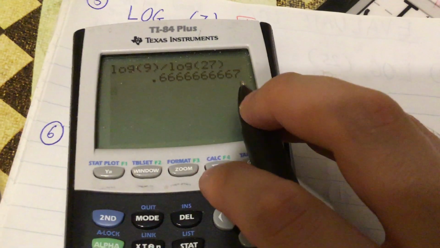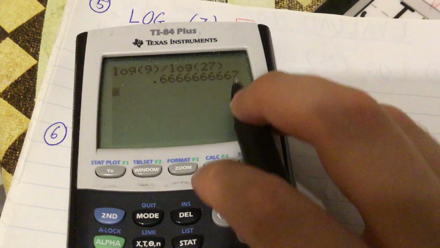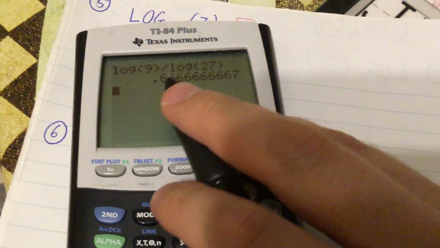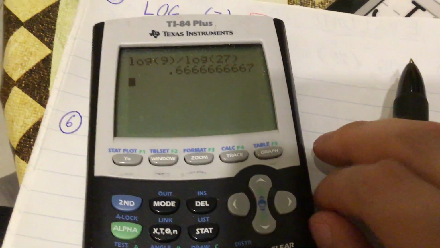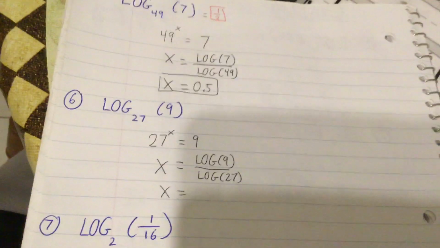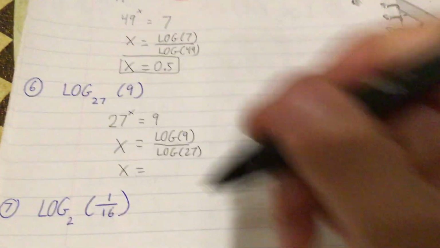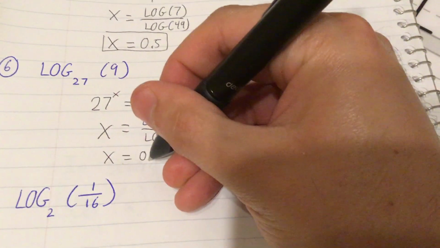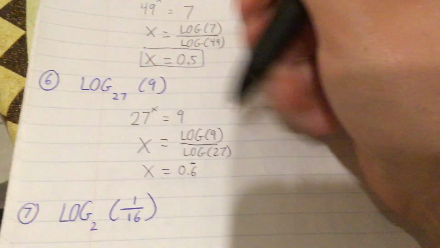I know that 7 is not, it's just rounded up from the previous 6s, but it's 0.6 repeating. So what that means is, as a fraction, we know what 0.6 repeating is. It's 2/3.